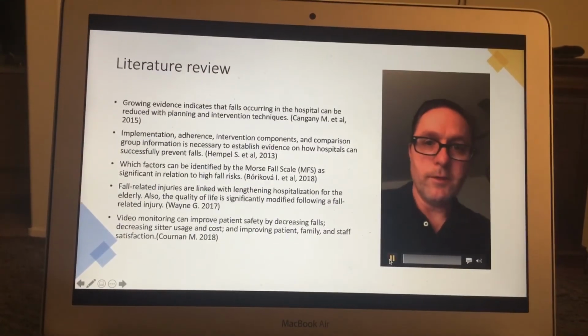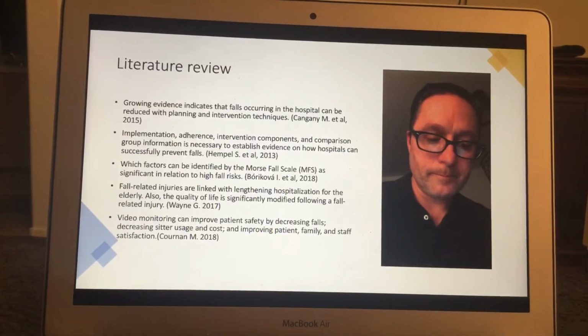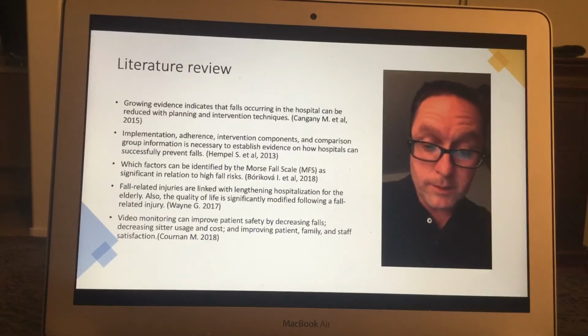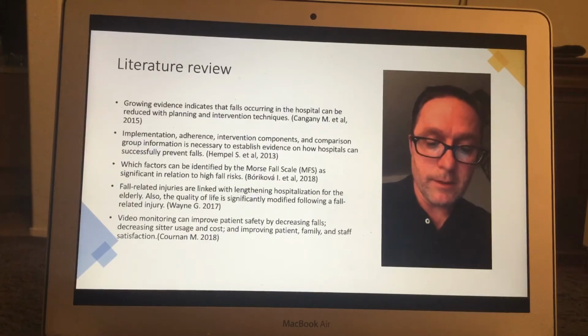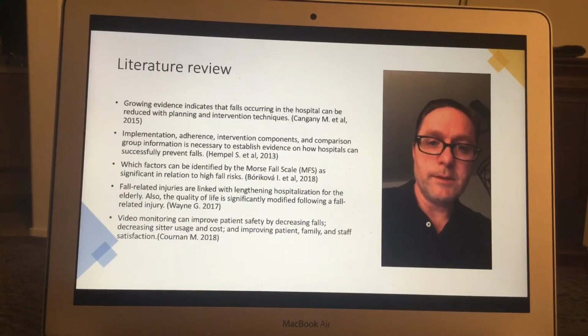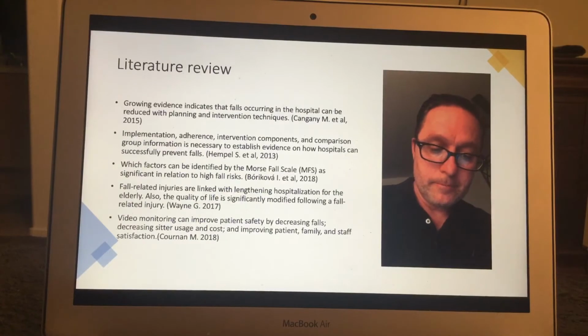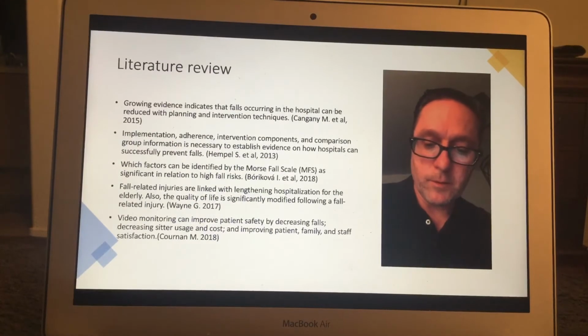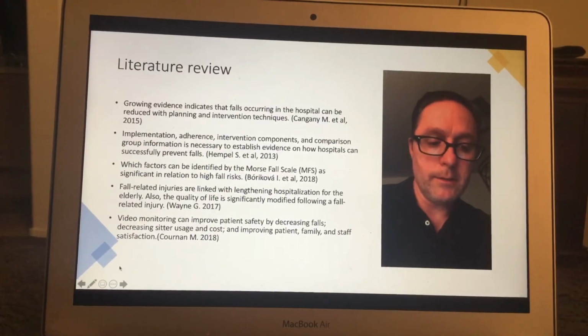The literature review I came up with was how video monitoring can decrease falls and improve patient safety, and also decrease sitter use in the hospital, which saves the hospital money, and improves patient and family satisfaction. That was from Corden M 2018.